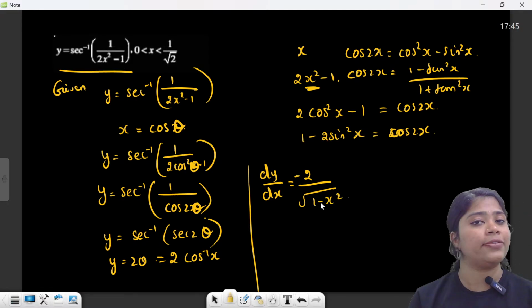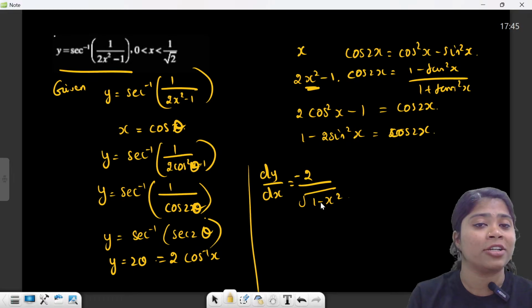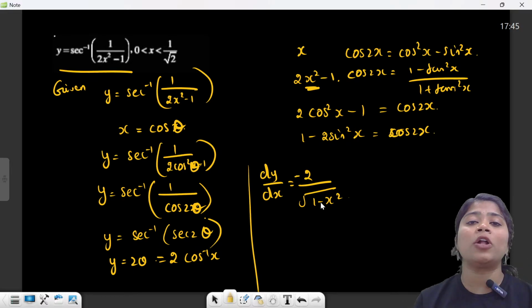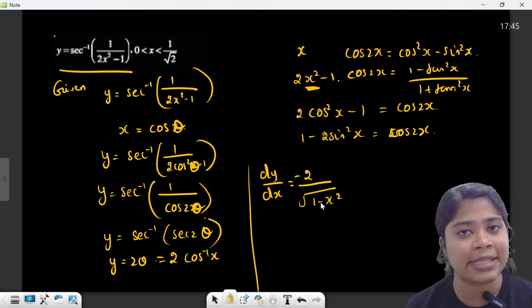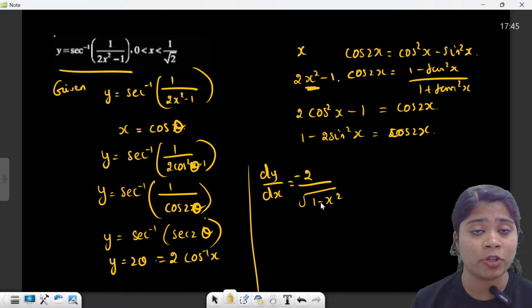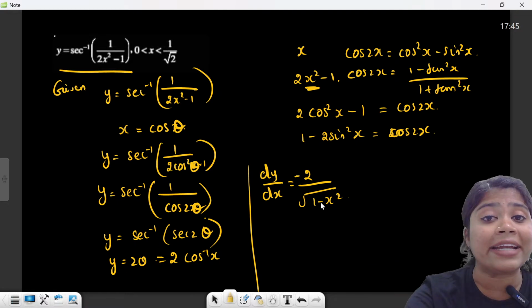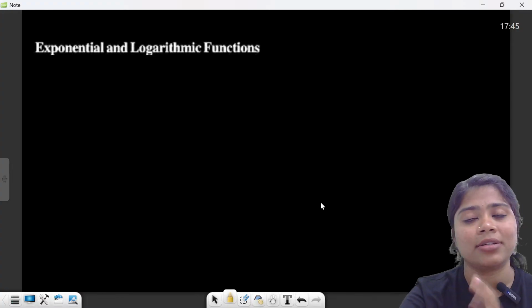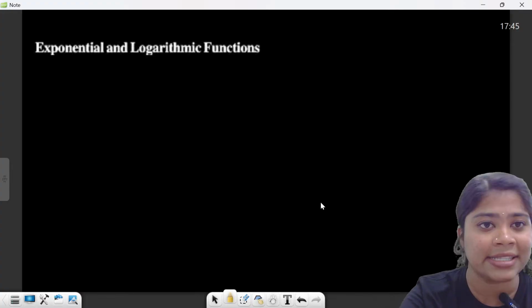So this is the differentiation. I hope you guys understood, right? These are all the basic questions from NCERT. If you have very good hands-on practice, you will get speed and you can solve questions easily.